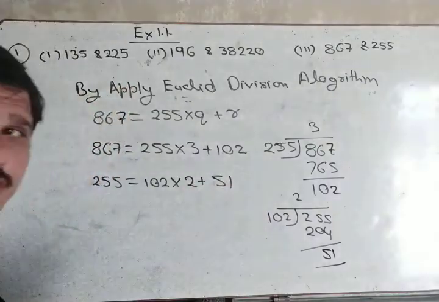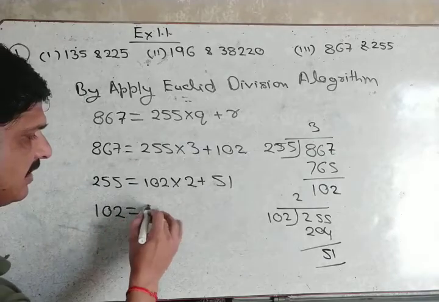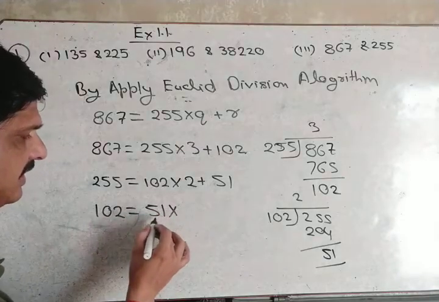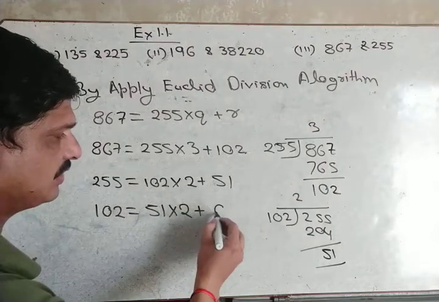Since remainder is not 0, we apply again. And I think you better understand, 51 is 2 times 102... this is 0.